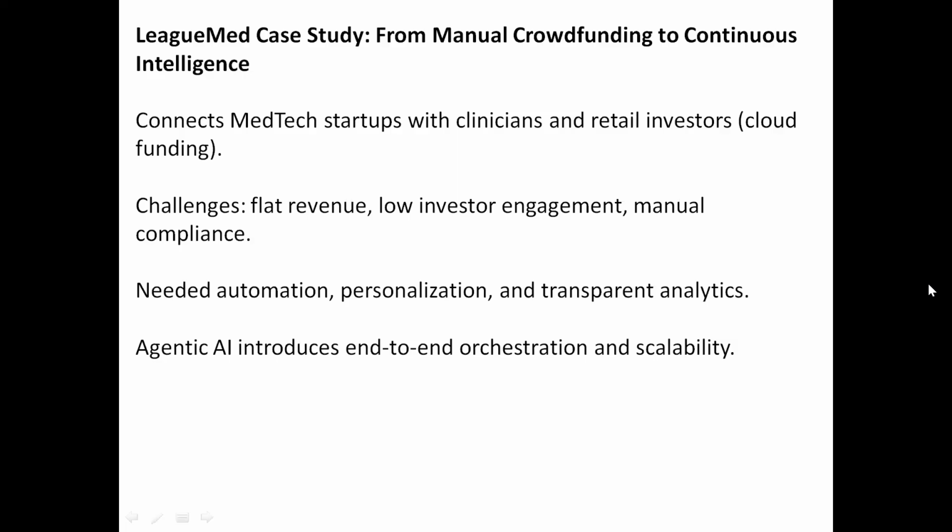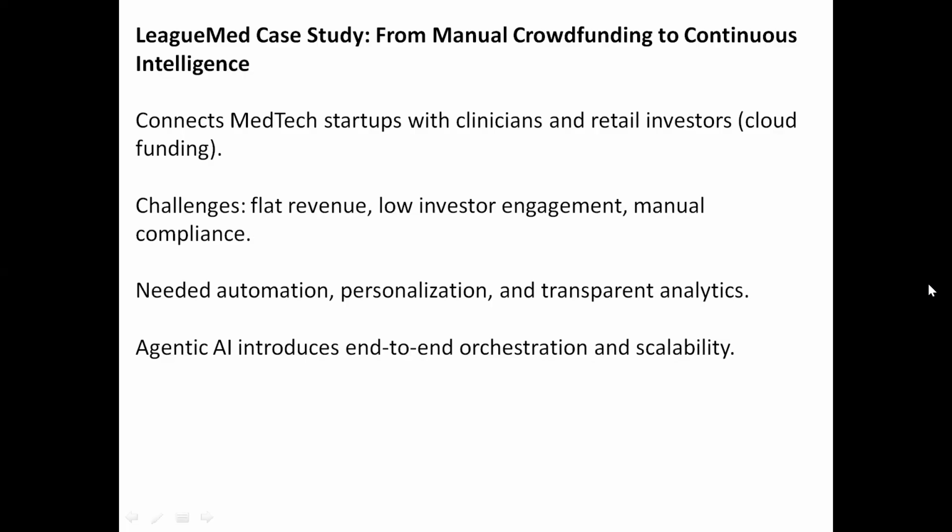Their business model is usually crowdfunding. They form a crowdfunding-based investing fund, and then they invest in portfolio companies. But for the portfolio companies, there is a very important law involved. This LeagueMed connects medtech startups with clinicians and retail investors.